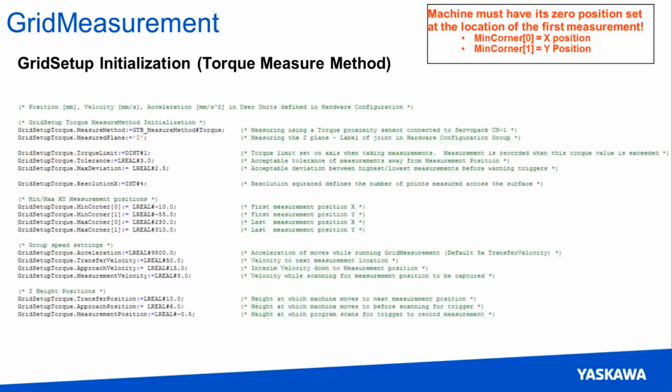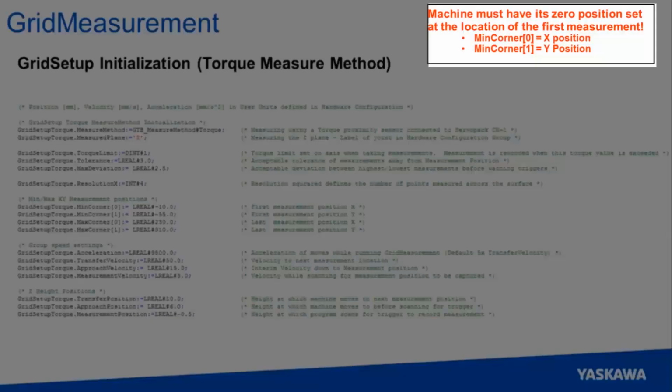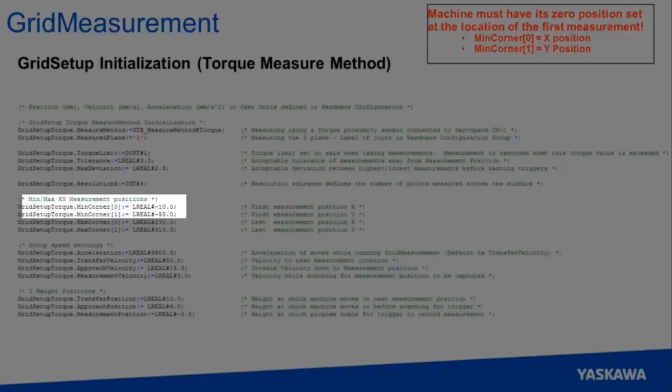Torque measure method, as you can see, my measurement position is negative 0.5. So I've zeroed my machine at a specified location, at which in the top right you can see there's a specific location that my machine needs to be zeroed at. I mentioned this a couple slides ago, and that is at your min corner.